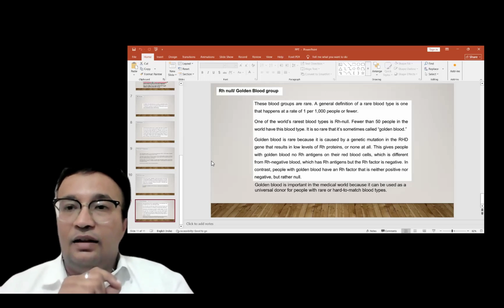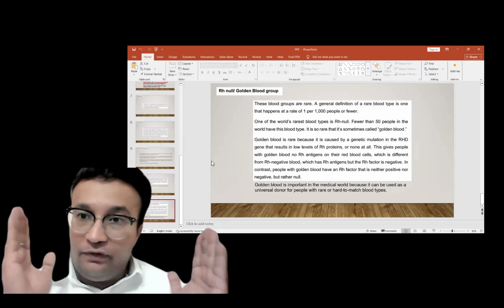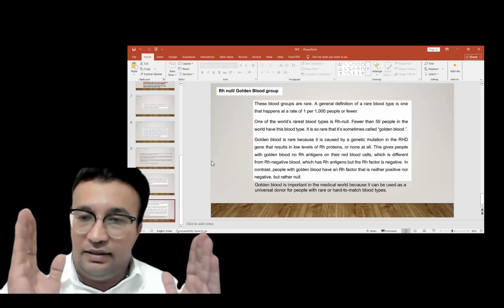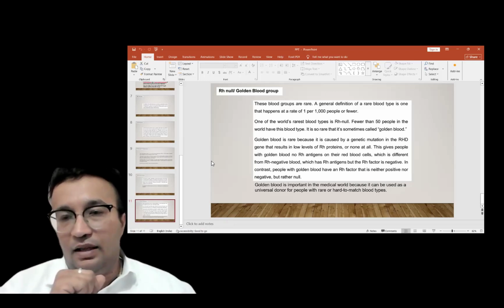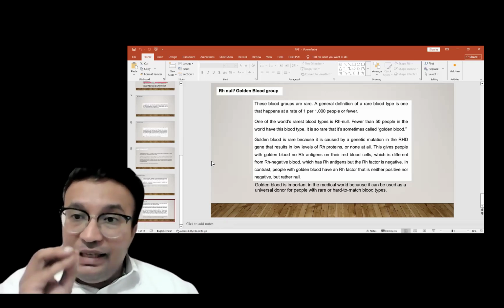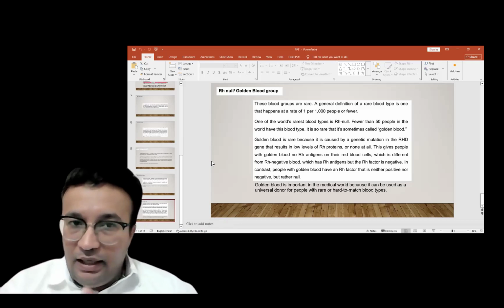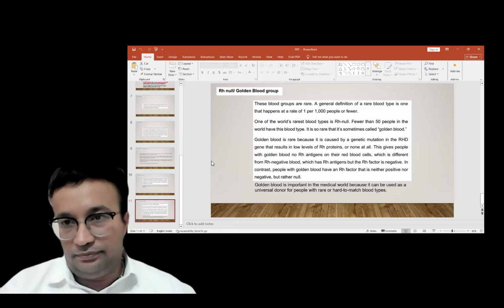But here, none of the 61 RH antigens is present. So RH antigen is nil. None of the 61 RH antigens are present in golden blood group.